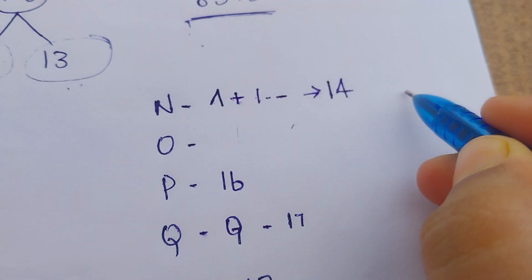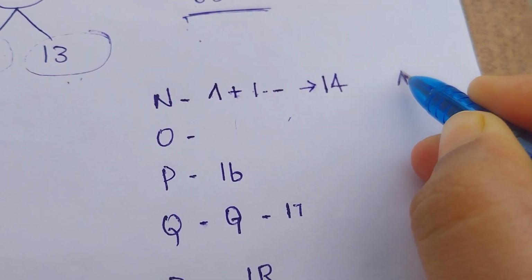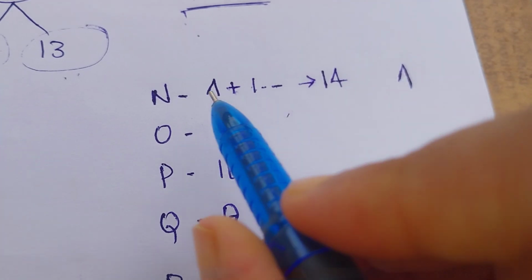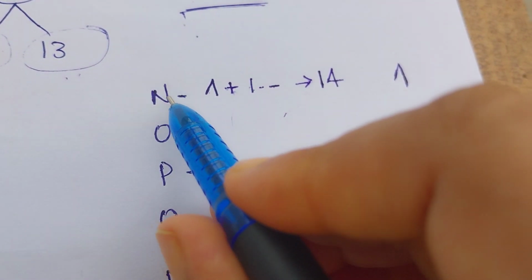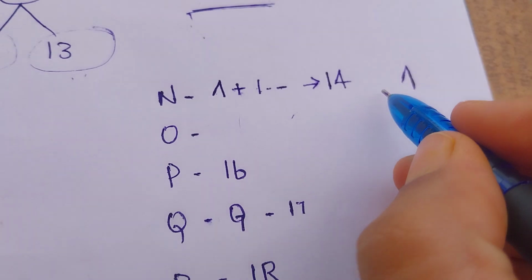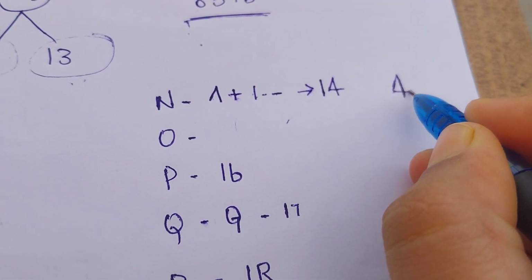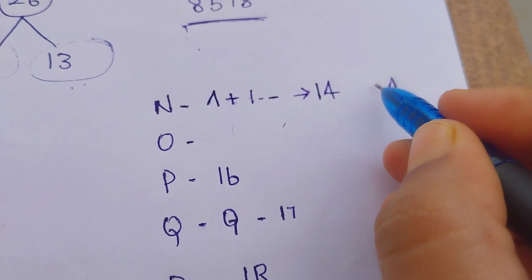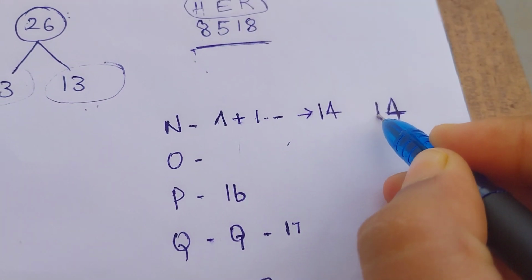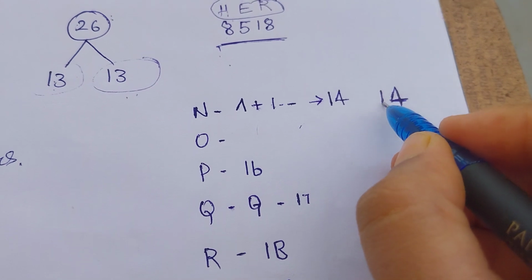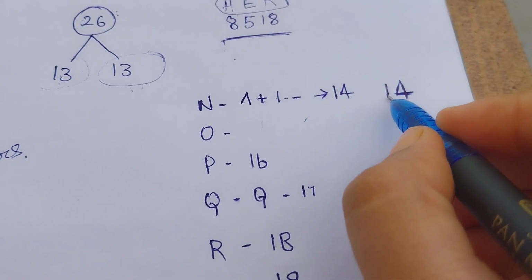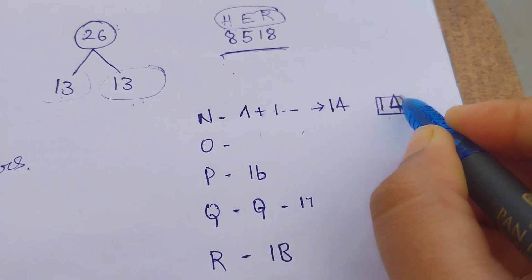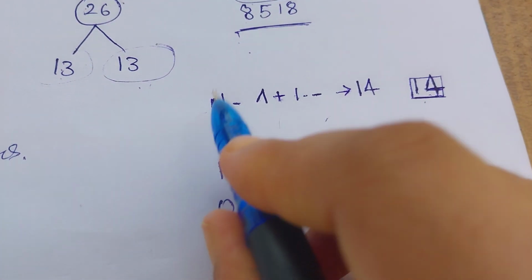I have used the first part of the N, and the second part that I have taken from this side of the N, this line, we'll place it here. So this looks like 4. As it is the starting of the second half, it starts with the digit 1. So this number is 14. So N is the 14th letter of the alphabet.